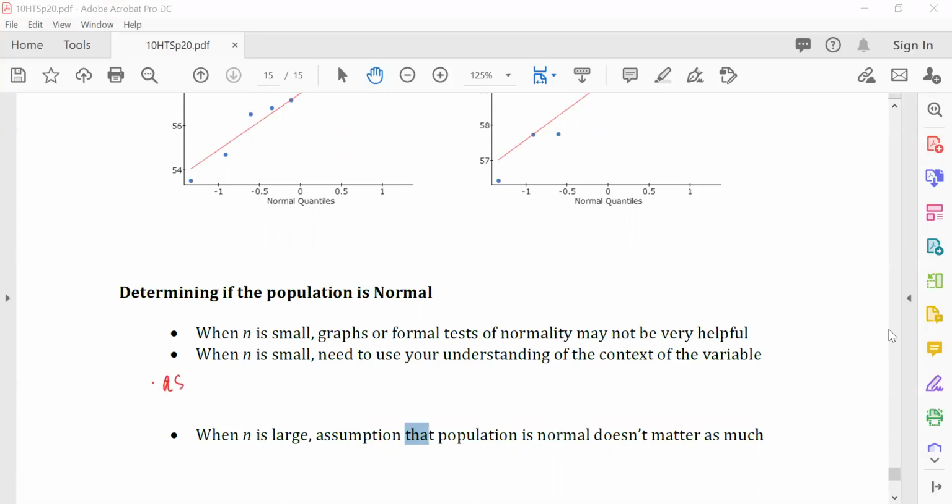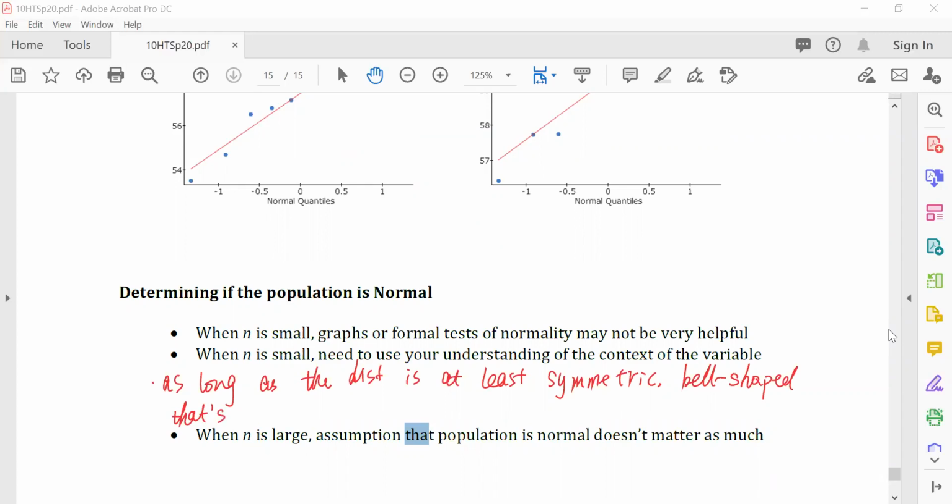So as long as the distribution is at least symmetric, then bell-shaped, then even though it's not an exact normal distribution, that's also okay because the t-test is a robust test.